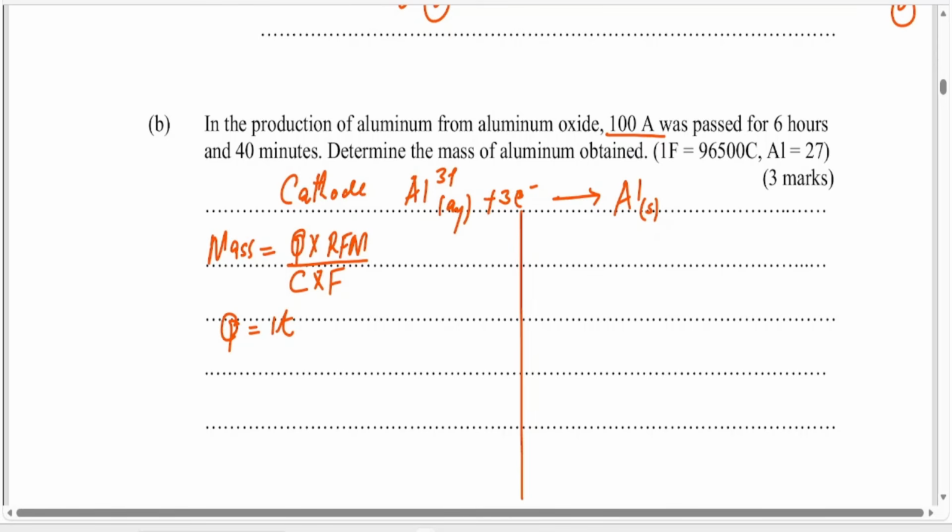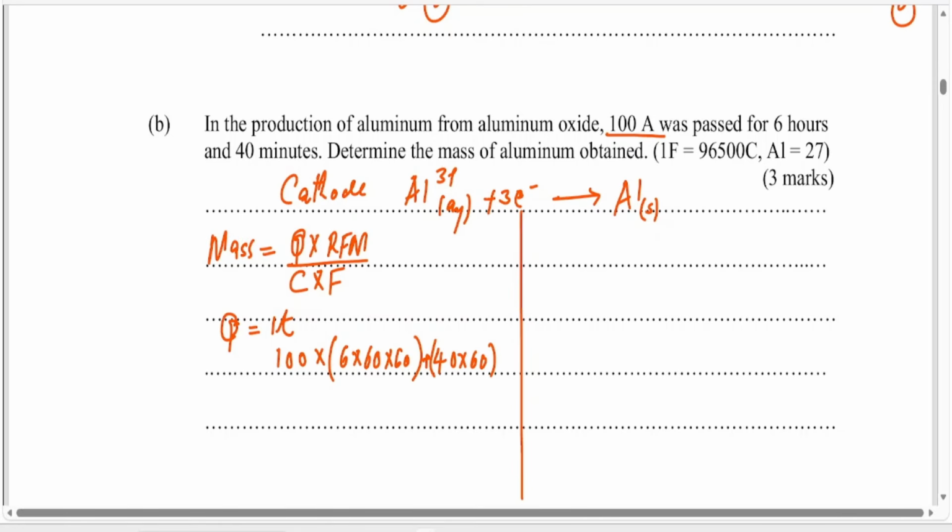So I'm going to have current 100 multiplied by time, which is 6 hours. We have 6 hours times 60 to convert into minutes, and times 60 to convert into seconds. Then plus 40 minutes, times 60 to convert these 40 minutes into seconds.